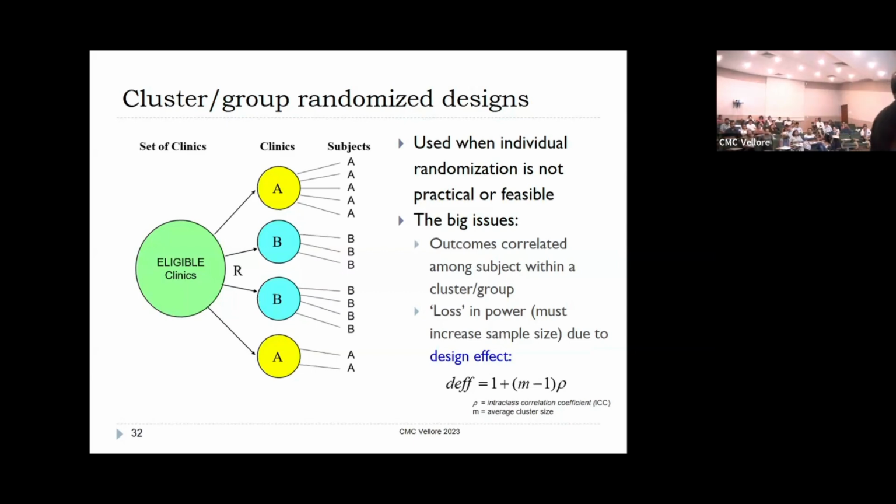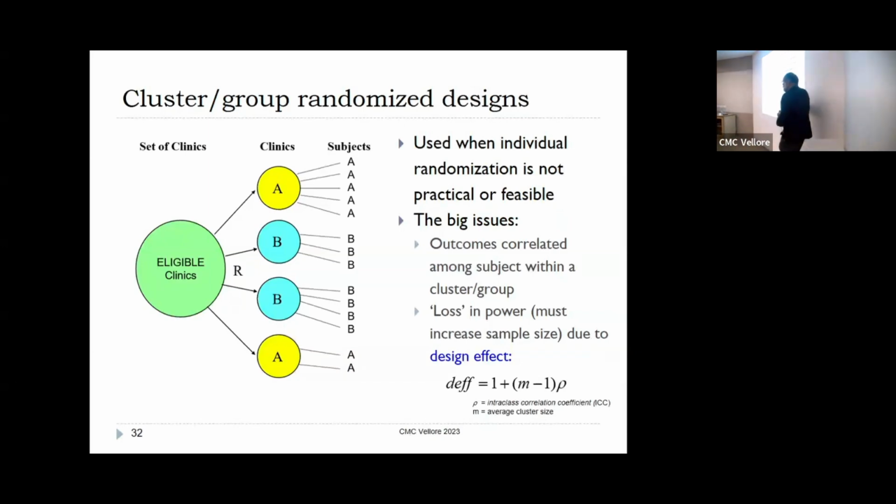So we have to multiply the variability, increase the variance by what's called the design effect, which is: take how much correlation there is among those math scores or among the obesity indices or whatever is your outcome, of members of a particular cluster, multiply it by the average number of people in the cluster minus 1, and add it to 1.